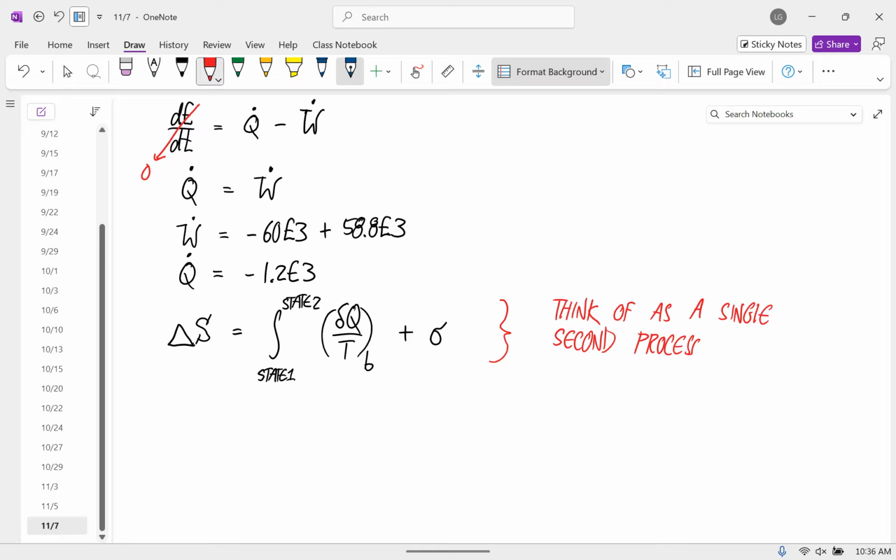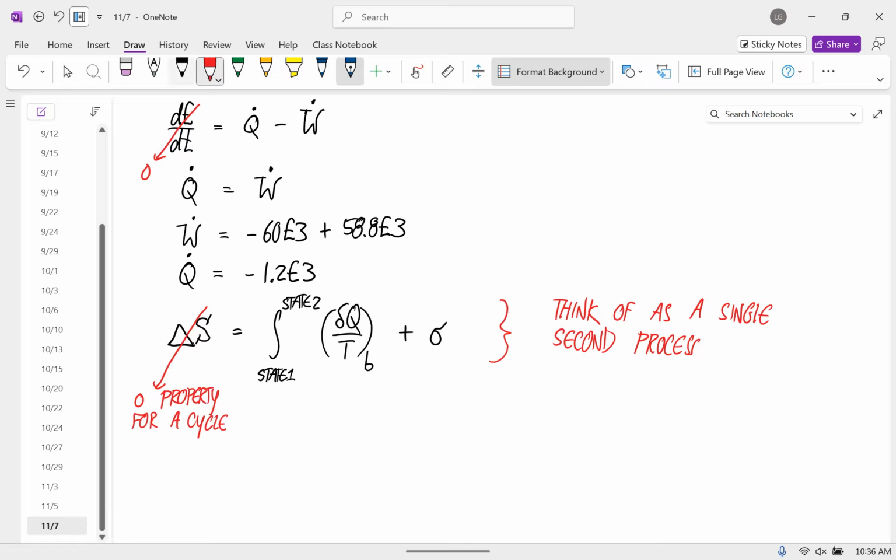Remember that entropy is a property. So this goes to 0 because it's a property undergoing a cycle. That all just comes from the fact that this is steady state.